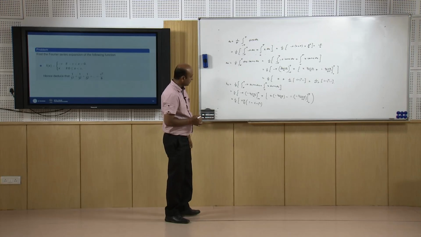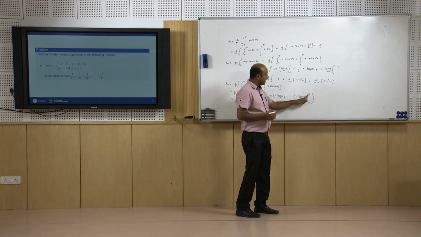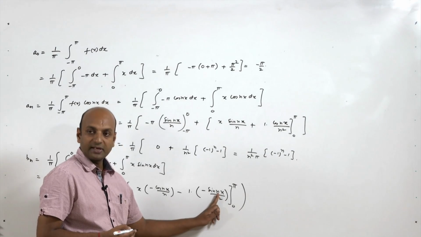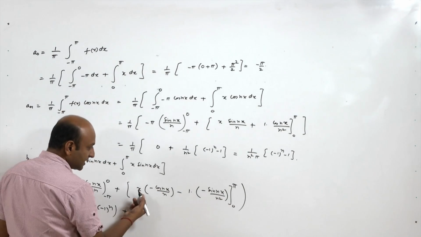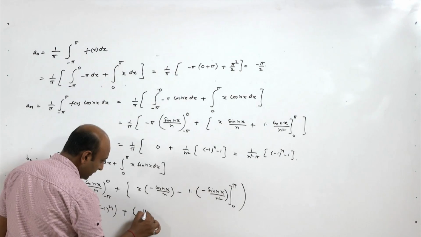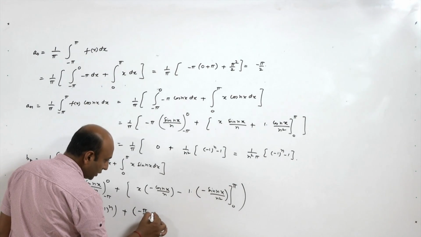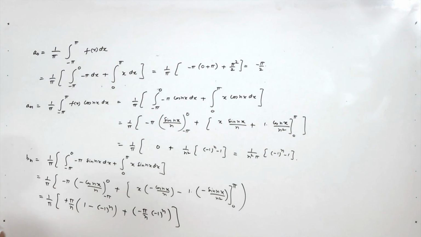Okay. Now, this term is 0 when x is pi because of sin nx, and this term is 0 when x is 0, so only one term remains, that is minus pi by n into minus 1 to the power n. Okay.